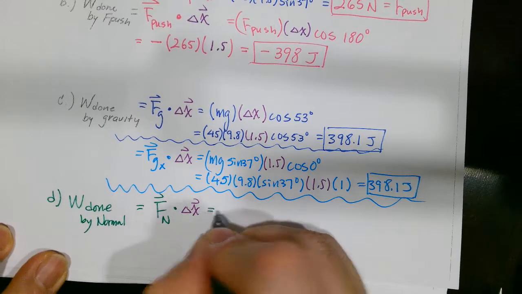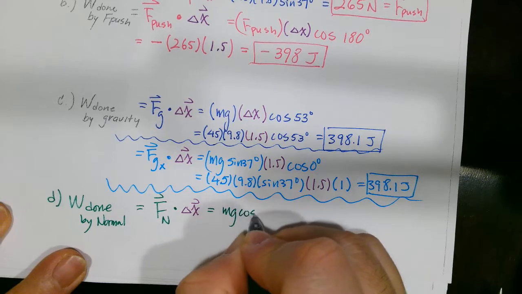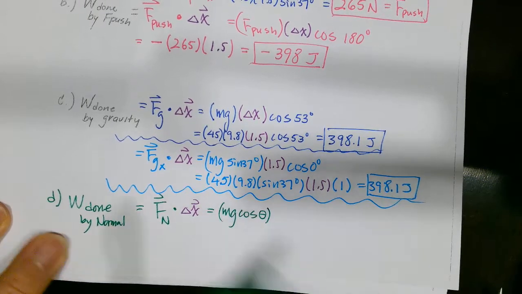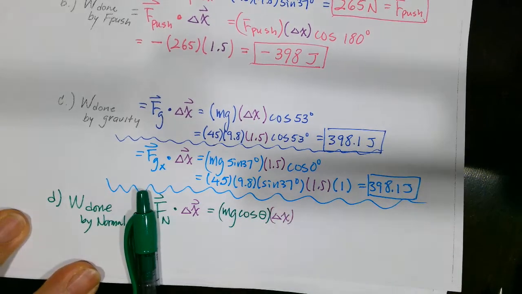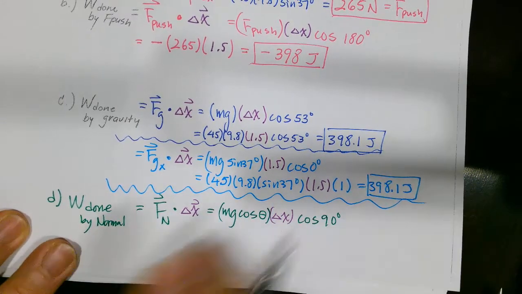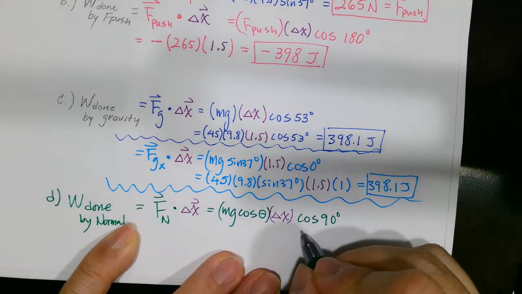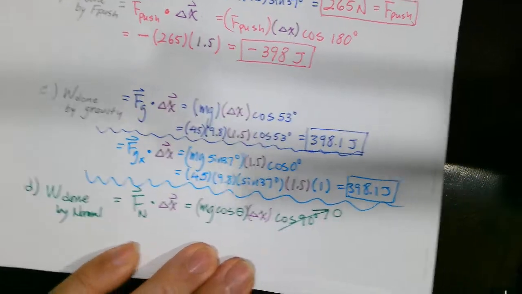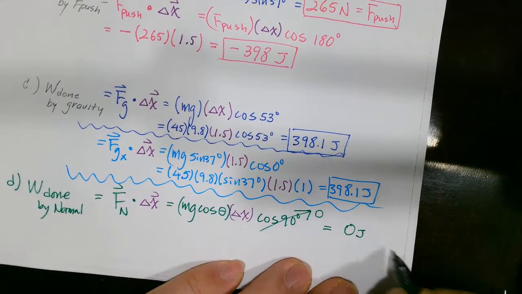That is equal to mg cosine theta times delta x times cosine of 90 degrees. And you know cosine of 90 is 0. Therefore, this whole term goes to 0.